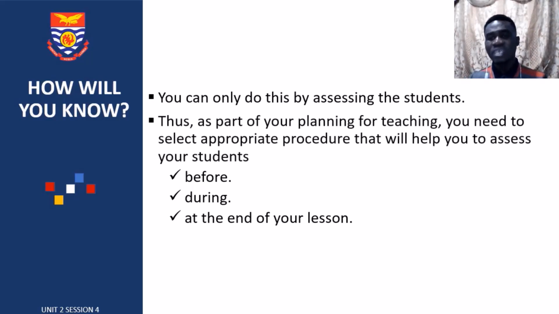Unless we assess them. So once we assess our learners, we can find out whether there is a change in their behavior or not. And so, as part of your planning for teaching, you need to select appropriate procedures that will help you to assess your students before, during, and at the end of your lesson.